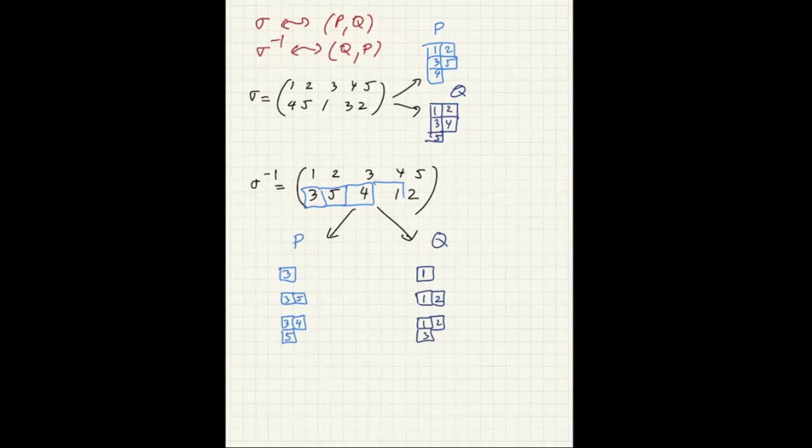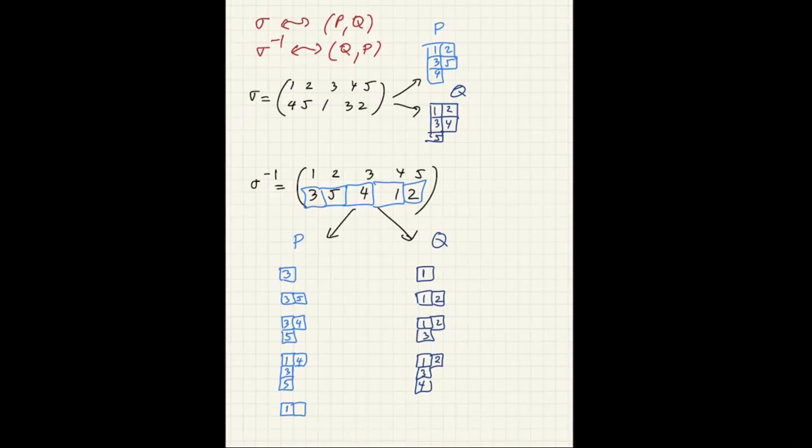Now 1 comes along, and 1 will bump the 3 from the first row, and then 3 goes down and it bumps the 5, and then we get this shape.